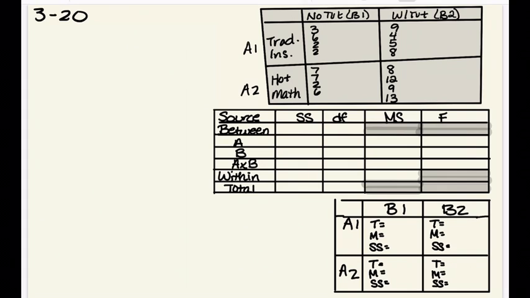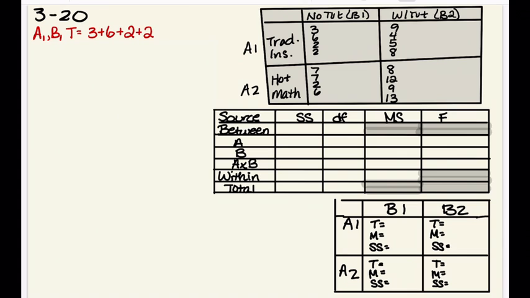First, we'll have to find our sum of scores, our means, our sum of squared deviations for each treatment condition, as well as our grand total of scores, our grand total of squared deviations, and the total number of participants in the entire study.